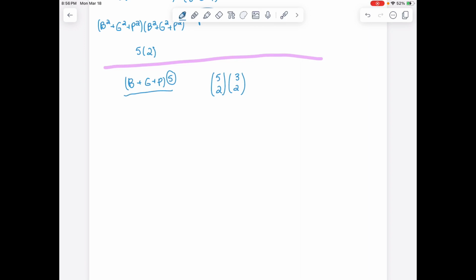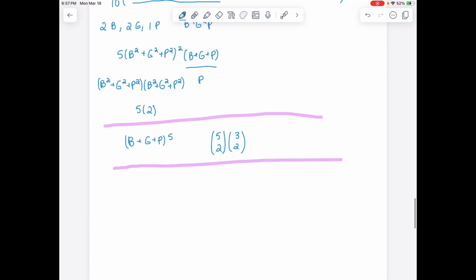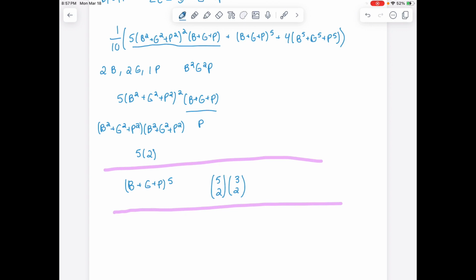That just leaves us purple, and that's just decided for us. So now we have 5 choose 2 times 3 choose 2 ways to get this necklace.